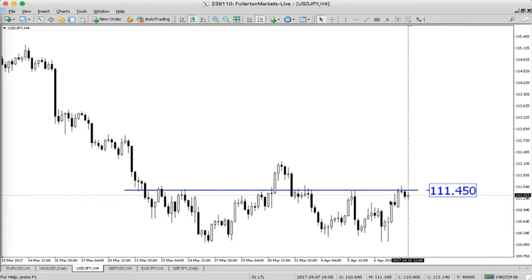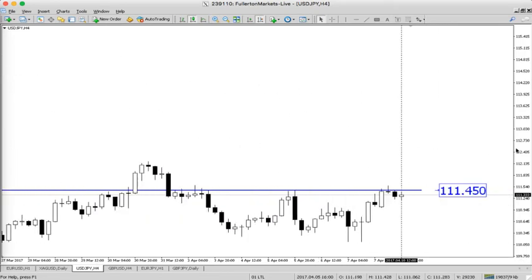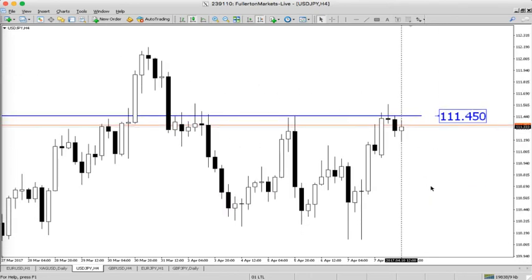If price finds a rejection of 111.45, as you can see over here, there's a strong push upwards, and there's two bear candles over here. Let me zoom in so that it is easier for everyone to see. So now price is trying to test it again.